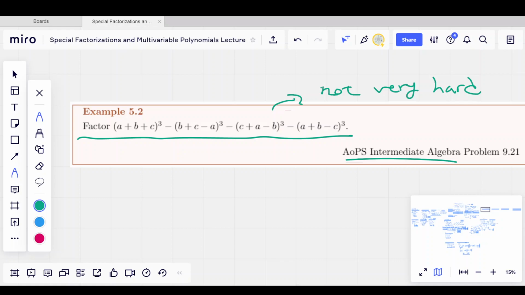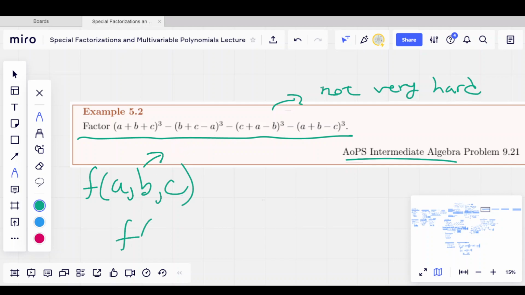Excuse me. So I'm assuming everyone has tried this. I know you guys might have tried something like this. So let f(a,b,c) be this polynomial.